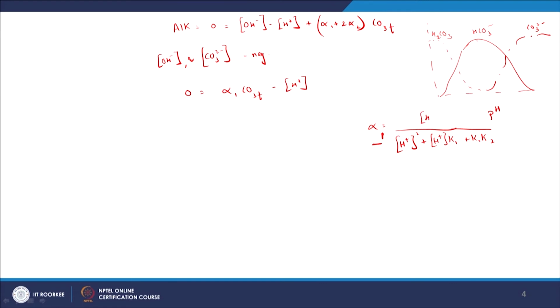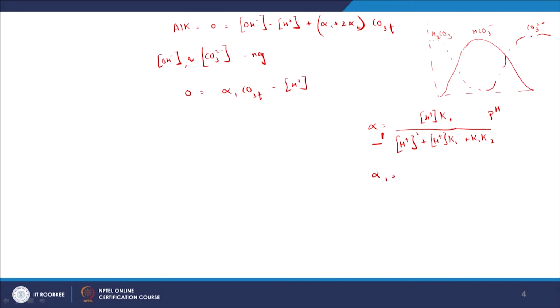If it is alpha naught, it would have been H plus square by this denominator; alpha 1 would be this particular term, H plus into K1, by the denominator, and alpha 2 would be K1 K2 by this particular term in the denominator.